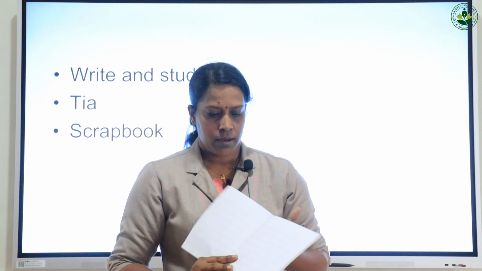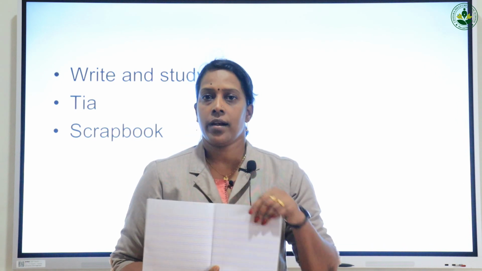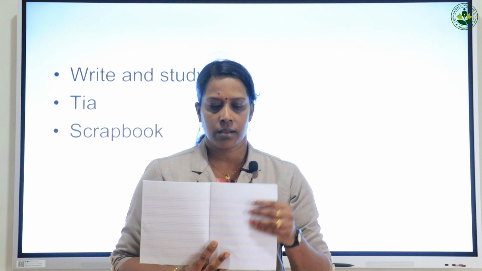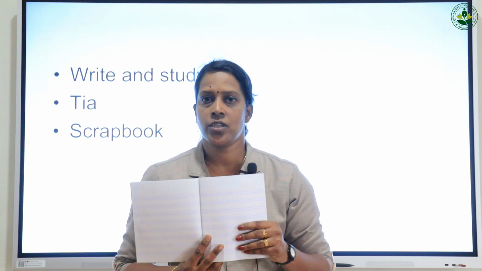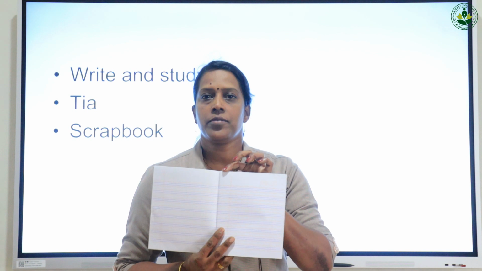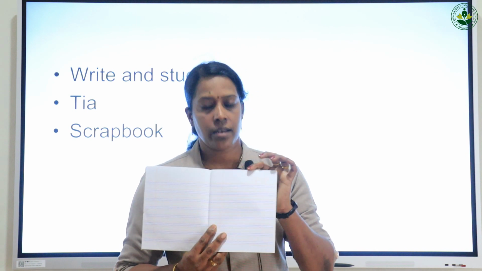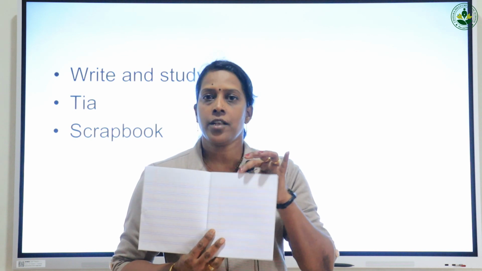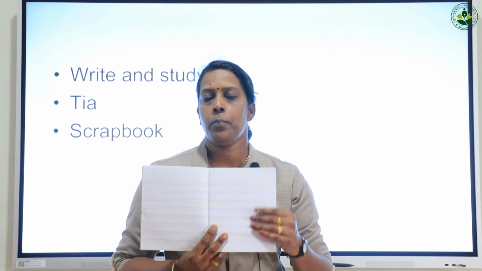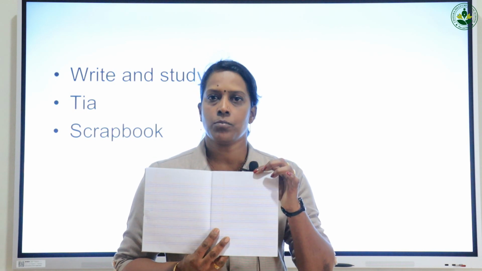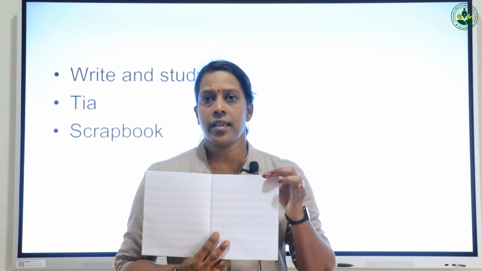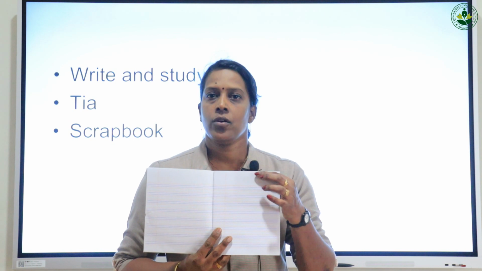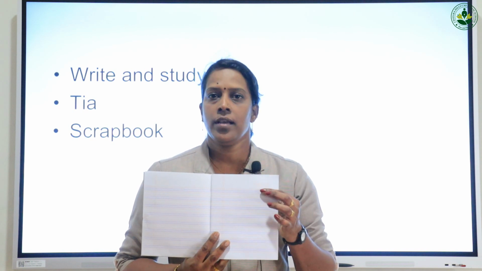Now I am going to give you one assignment. Take your first page and you have to write date here, and you have to write A to Z in this page. Capital A, small a, capital B, small b, like that. You have to write A to Z.